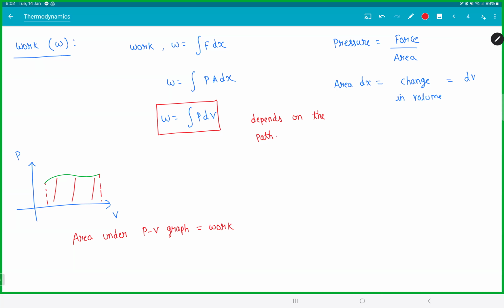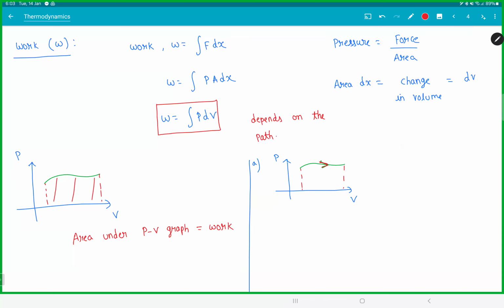But how do we decide the sign convention? Now listen carefully. The first case, if the arrow is pointing towards right, what is happening here?